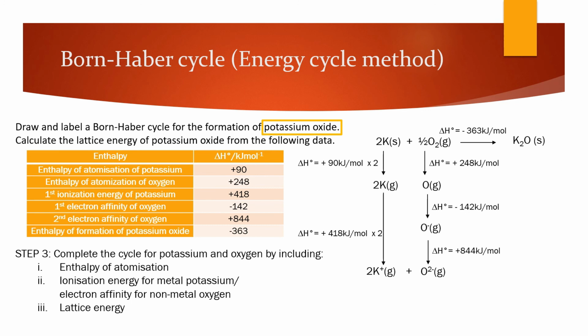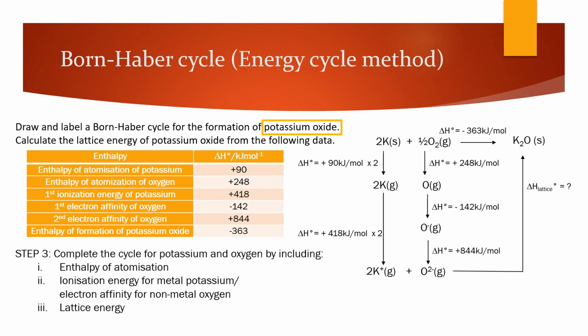And then complete the whole Born-Haber cycle with lattice energy. So still remember what is lattice energy? So lattice energy is defined as a heat release when 1 mole of solid ionic compound is formed from its gaseous ions. So we already have the gaseous ion.